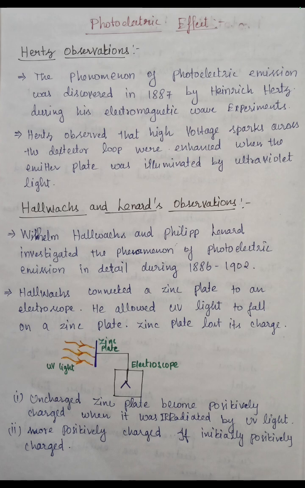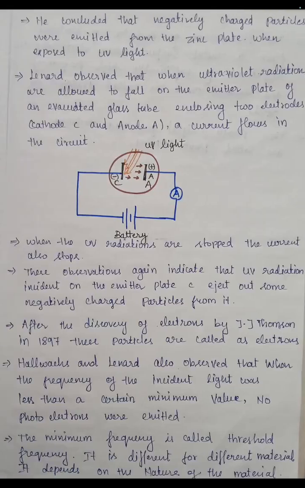So from these experiments, he concluded that negatively charged particles were emitted from the zinc plate when exposed to UV light. Means when the UV light falls on the zinc plate, the electrons in the zinc plate absorb energy from the UV light and move out of the zinc plate.